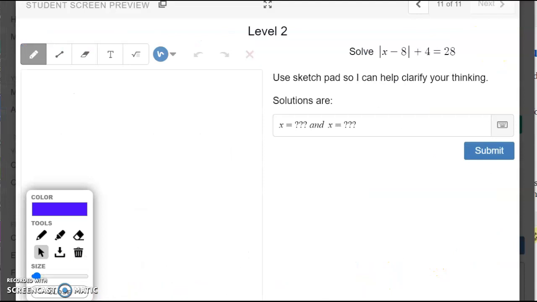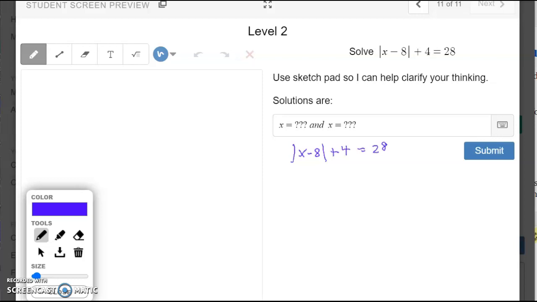So now let's try to solve the absolute value of x minus 8, plus 4, is equal to 28. So how do I do that? I'm going to start by writing it first. Always a good idea to write the problem when you're doing your homework or whatever else. Okay, what I need is to isolate the absolute value. So that means I want just this by itself, nothing else.